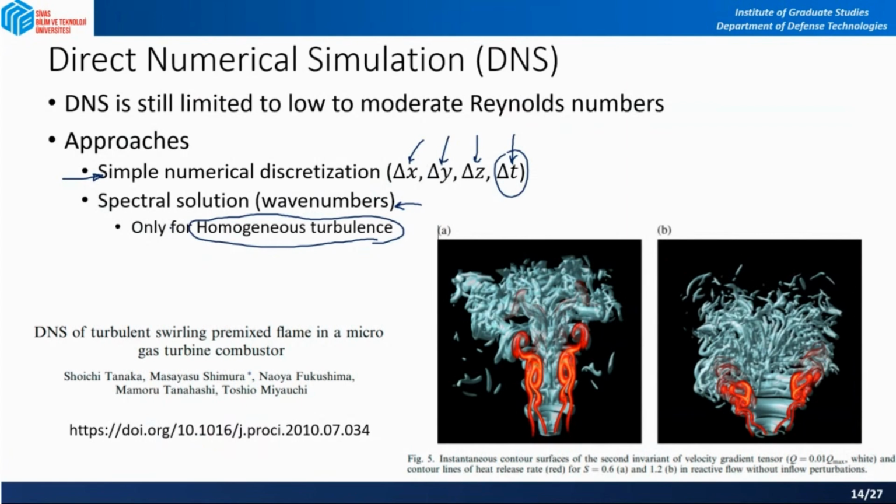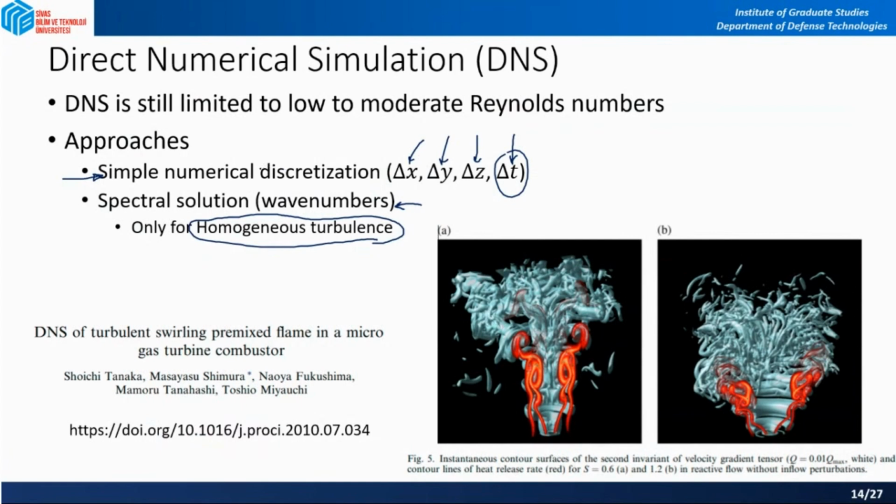Then you cannot have homogeneous turbulence anymore, and you have to use finite difference methods. We are not going to talk about finite difference methods or the simple numerical discretization during this course.